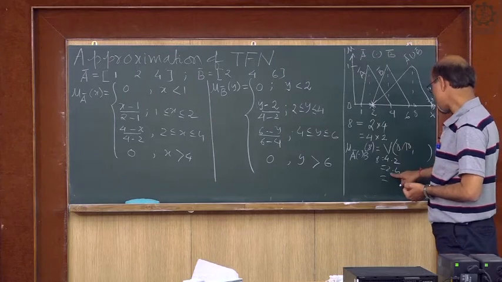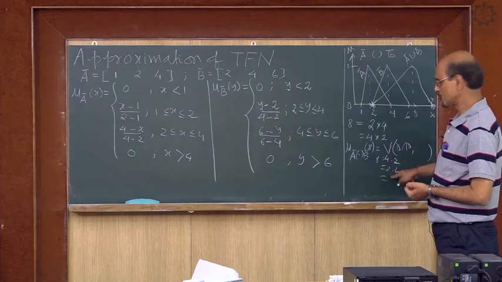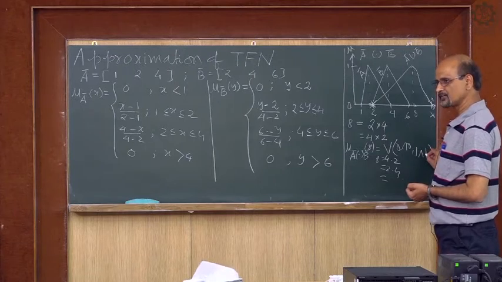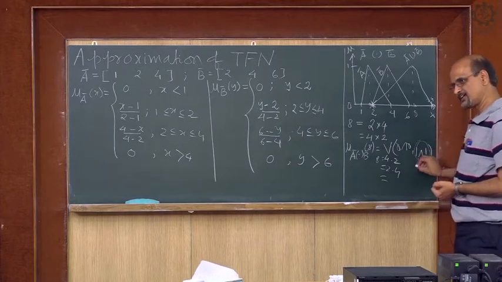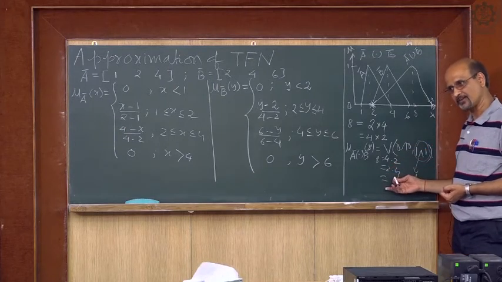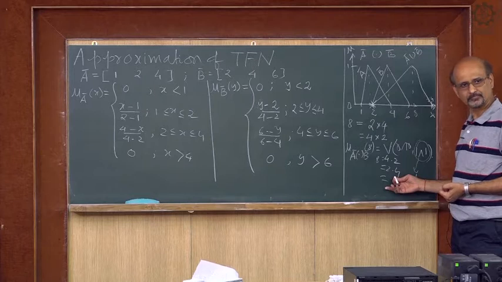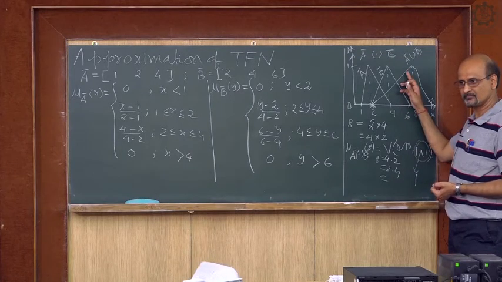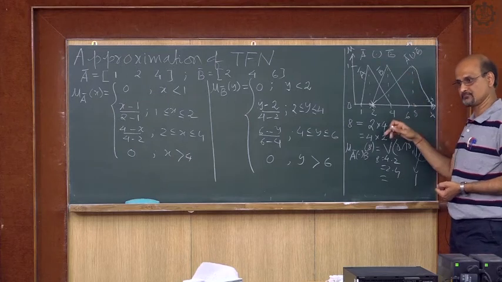Then mu a bar 2 is 1. Mu b bar 4 is 1. So, you are getting 1, at least 1. If you take the maximum, what will you get? 1. Okay? So, that means at 8 it will be 1. Only at 8.